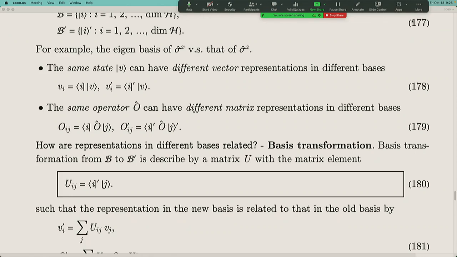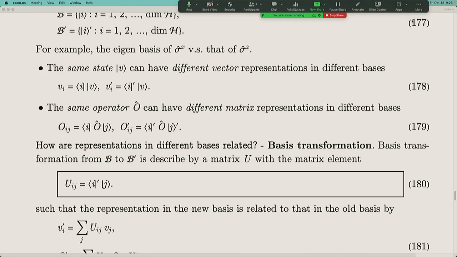And this basis transformation matrix is defined in this way. So this matrix basically describes the relationship between these two bases. You can see this matrix, the ith row and the jth column, simply characterize the inner product, the scalar product between the ith vector in the prime basis and the jth vector in the no prime basis.